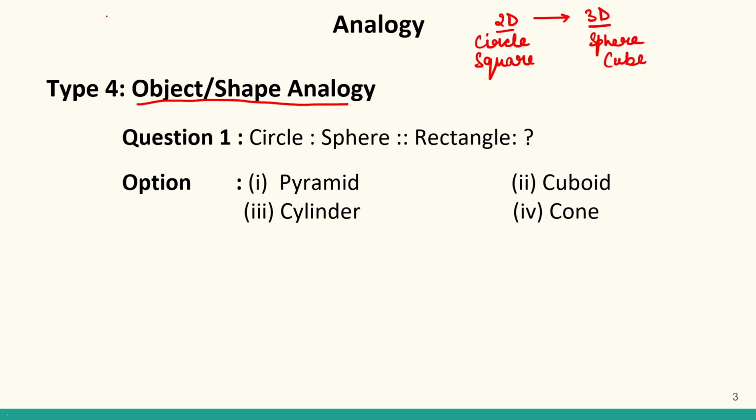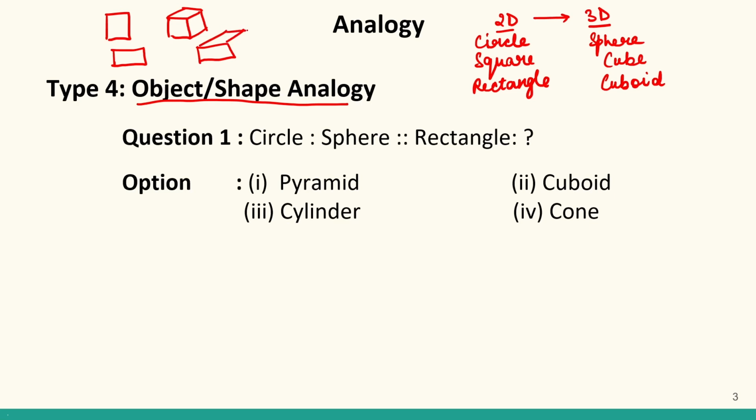So, if we have a square, this will be the corresponding 3D figure for it. Similarly, for rectangle, the corresponding 3D figure is called a cuboid. Again, if this is a rectangle, the corresponding 3D figure looks something like this.